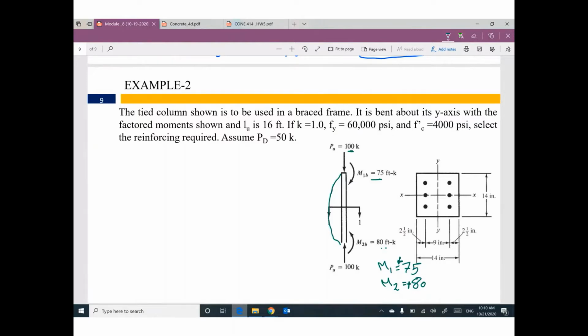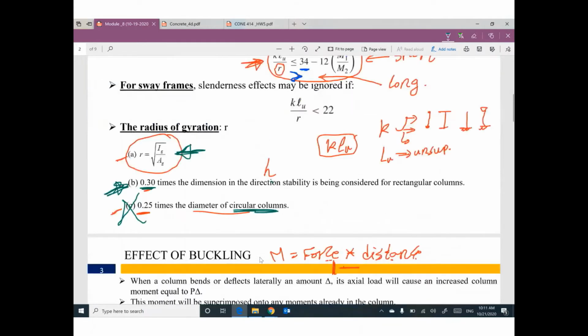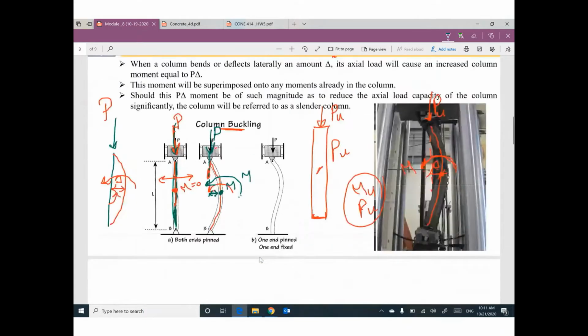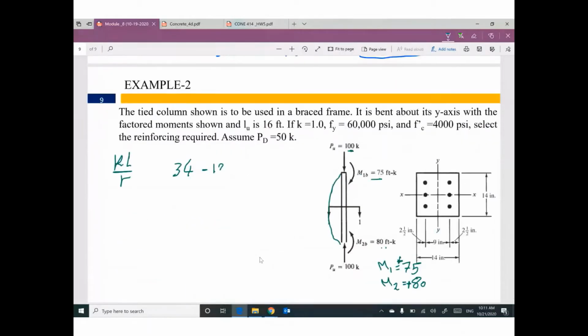We need to check, do you remember the K L over r relationship, 34 minus 12 times M1 divided by M2? Do you remember? What is the value on the left side? Okay, go back to the problem and read it carefully.